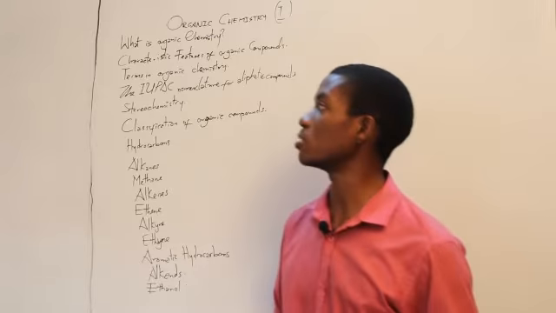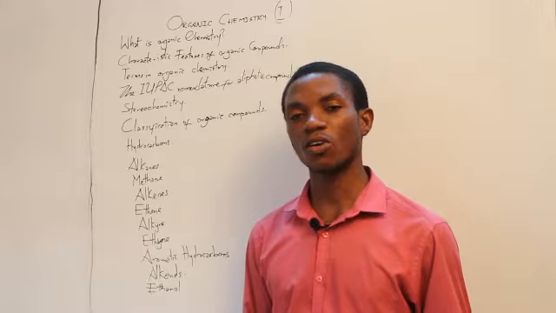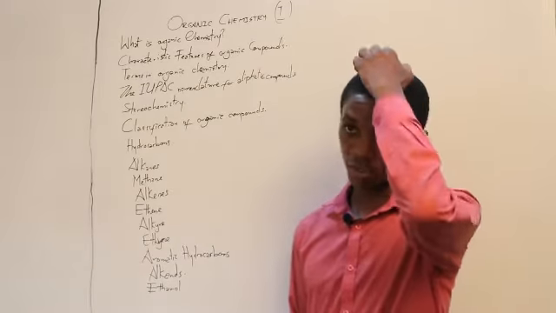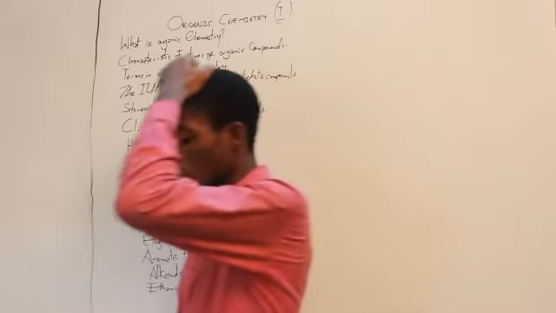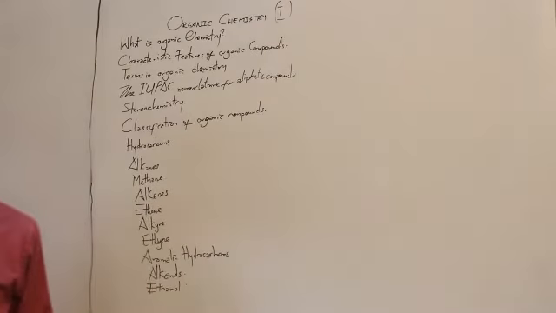Alright, before we go deep into organic chemistry, let's take some terminologies that will be used in organic chemistry. About now, you should have definitions of some of the terms on your screen, and the first of them you have there is homologous series.